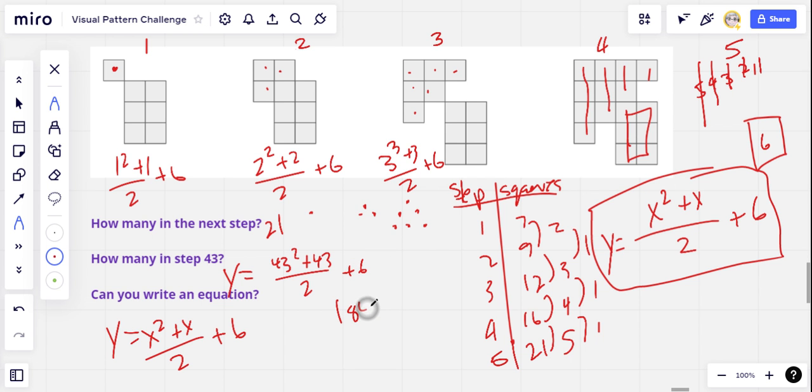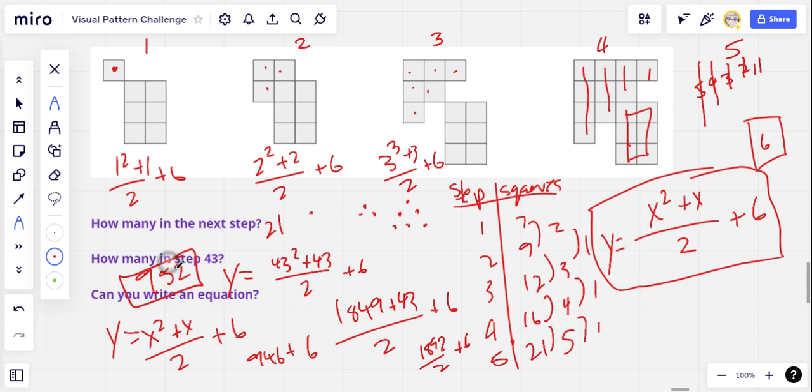And 43 squared is 1849, plus 43 is 1892, divided by 2, and that's going to be 946, plus 6. So 952 is what I'm getting. So check my math on that one, but I think we ended up at 952 squares in step 43.